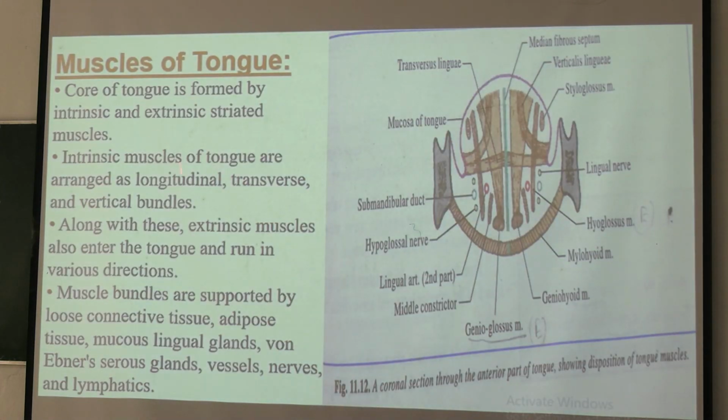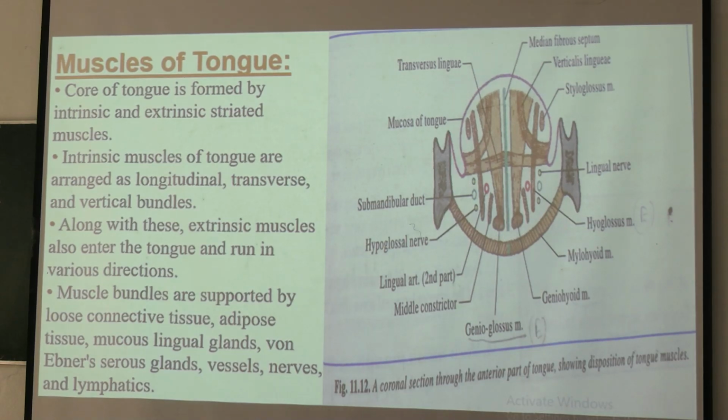So the muscles of the tongue: the core of the tongue is formed by intrinsic and extrinsic striated muscles. Intrinsic muscles of the tongue are arranged as longitudinal, transverse and vertical bundles. See, this is the arrangement of muscles of the tongue. These are verticalis linguae, these are transversus linguae, forming the intrinsic muscles of the tongue.